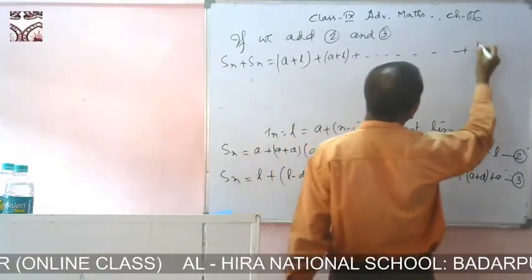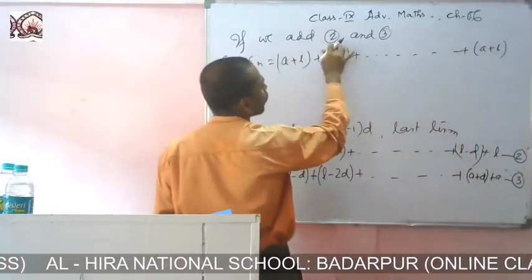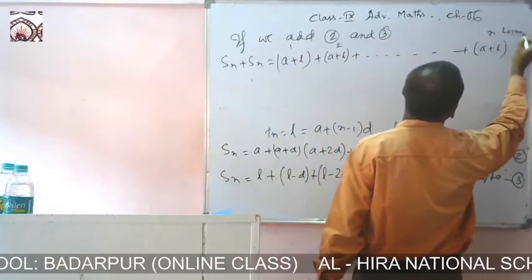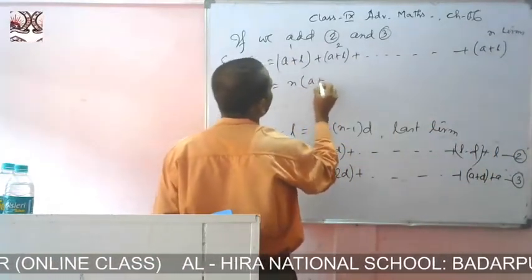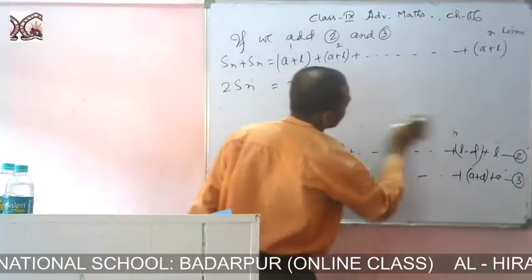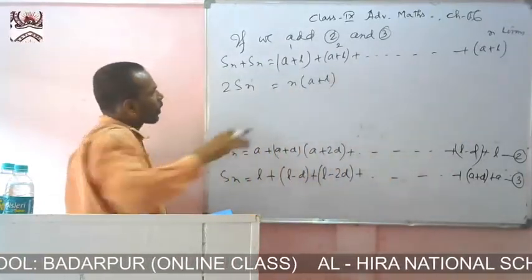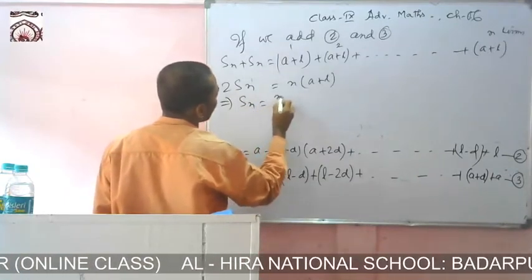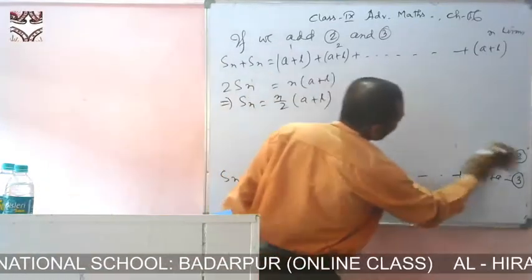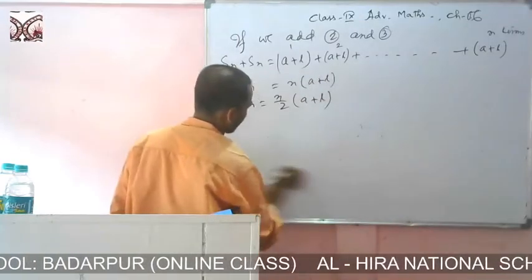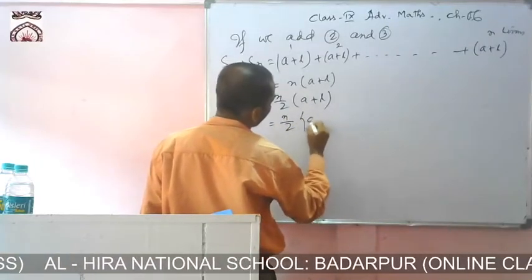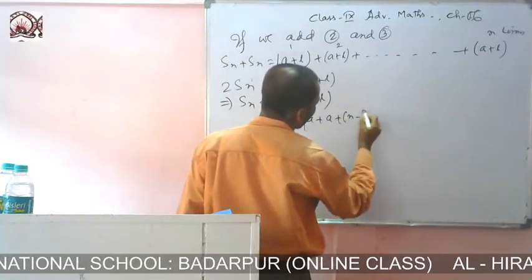Lastly, we are also getting a plus L. So here 1, 2, 3 up to n terms, so this will be n into a plus L. So twice Sn will be n into a plus L. So Sn will be n by 2 into a plus L, and L we already know, L is a plus n minus 1 into d.